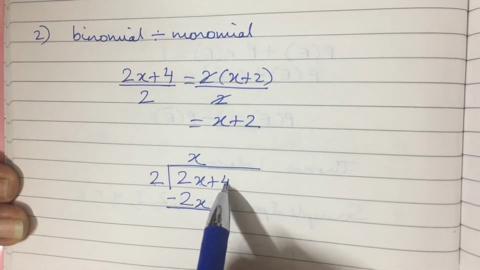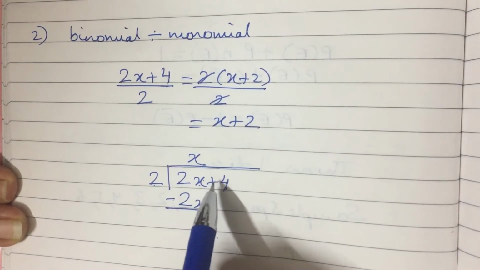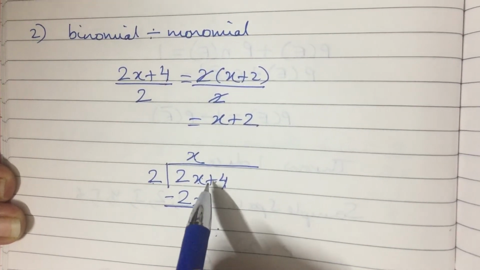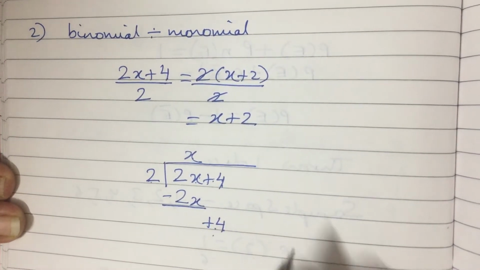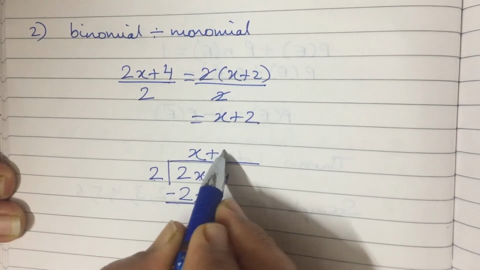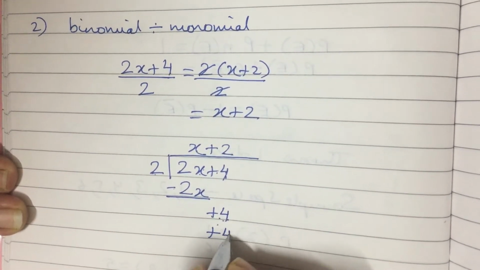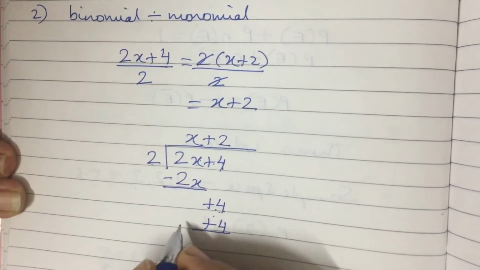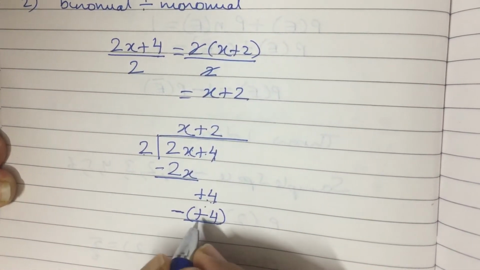Like in division, you bring down the next number down. Here for polynomials, we bring down the next term down. Now the next term down means this is a plus 4. So plus 4 divided by 2 is a plus 2. A plus 2 into a 2 is a positive 4. Now when I'm subtracting, I am subtracting a plus 4.